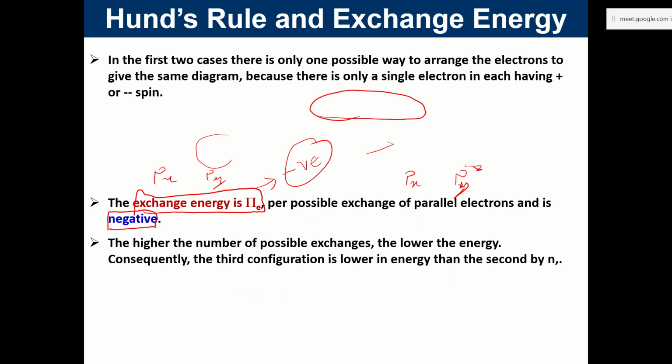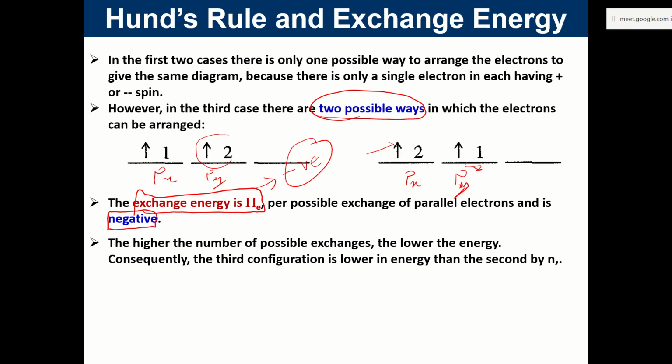Actually, you will find that when you have a half filled subshell, that is giving you a very, very low energy, the maximum number of exchanges possible as compared to any other neighboring arrangements. So higher the number of exchanges possible, lower is the energy.